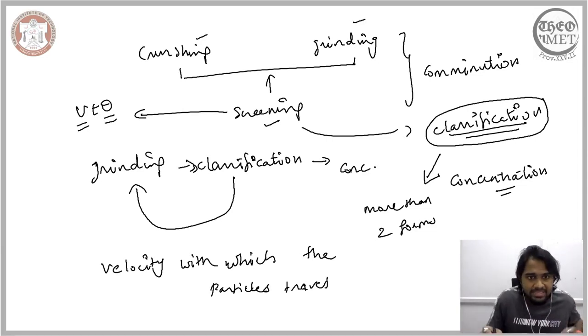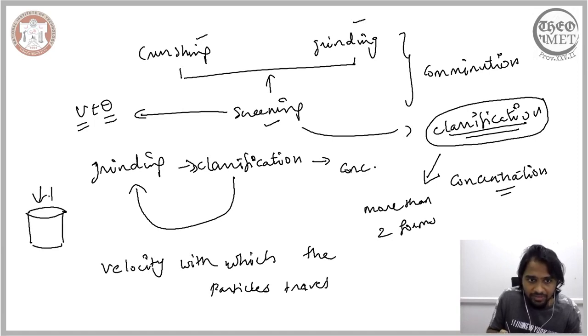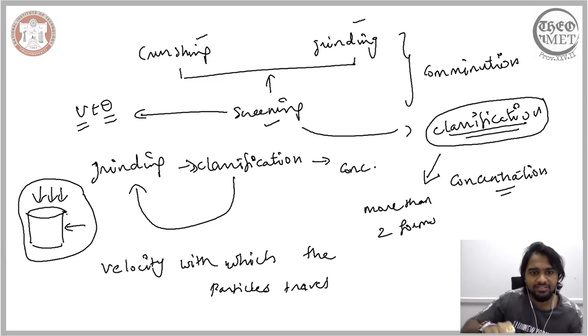Supposing you can easily think about a cylindrical hollow barrel, and you can feed in particles of different sizes, and you can see how these particles are free falling, and depending on the velocity with which they are free falling, we will be able to distinguish them and separate them. So this is the generalized, simplistic description of what occurs during classification.